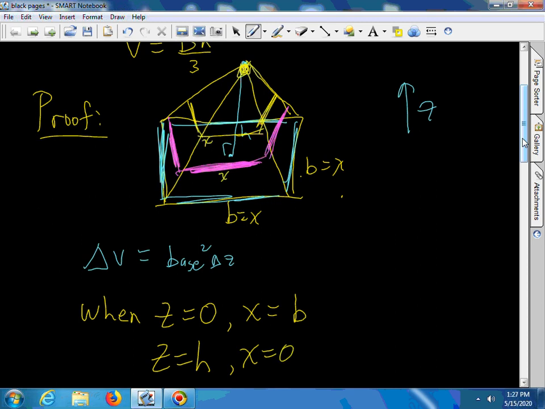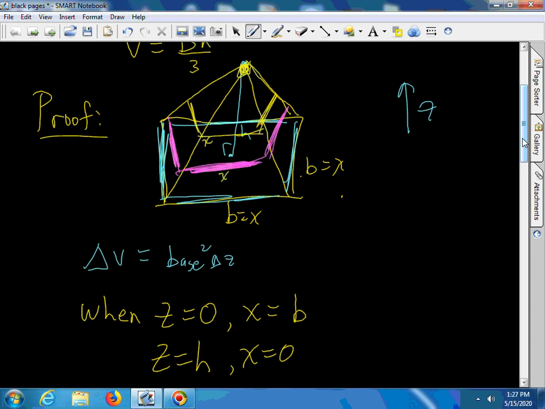And as we go up layer by layer, first a square, then a little bit smaller square above it, a little bit smaller square above that, and eventually a really tiny square, and then at the tip, the base is 0. It's linear.